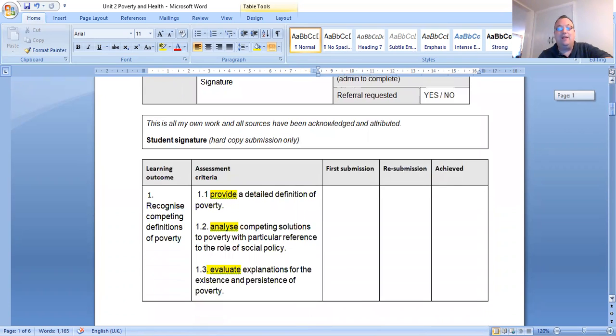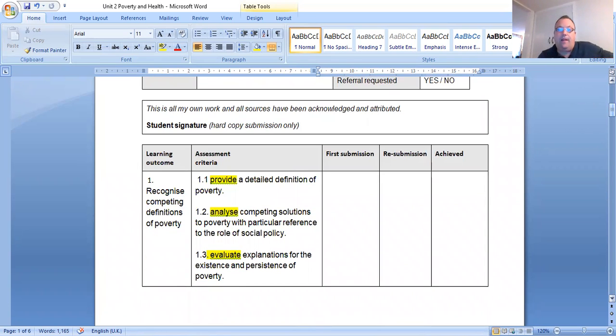So this first section, the learning outcome is recognize competing definitions of poverty. I've highlighted here the command words to emphasize the need to meet each of these unit assessment criteria, the UACs. 1.1, it says provide a definition of poverty.